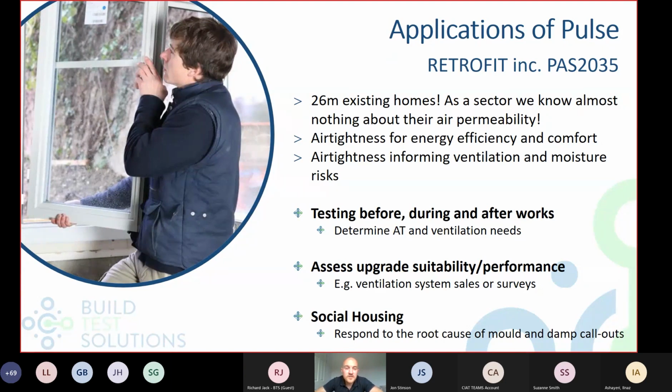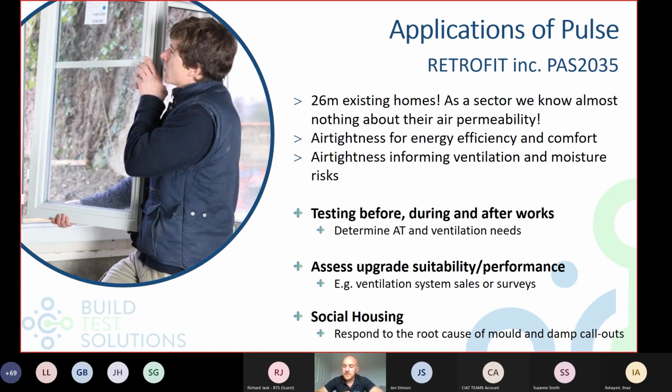I know it's often cited, but there are 26 million or more existing homes, and PAS 2035 and ECO 4, when it comes into being, are absolutely driving at increased levels of measurement in the round, but including airtightness and understanding both the air leakage from an energy standpoint, but also what that means for the ventilation needs of a building.